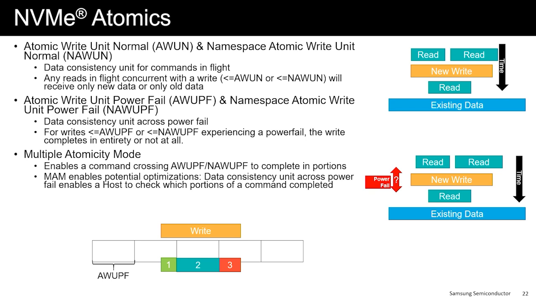So if this write was in flight and a power fail happens, a host could come in and do a check on each of these 3 areas. Perhaps if there's a timestamp, they can check and see which one is old and which one is new, and this may, in the host, be reducing how much needs to be rebuilt afterwards, right? That's a possibility. But focusing in mostly, I think AWUPF is a very helpful parameter.